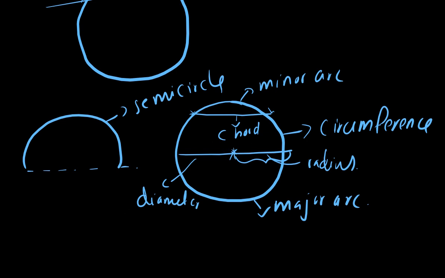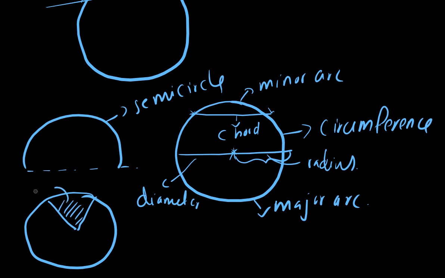Draw it in another circle. So what is sector? Sector is a portion of the circle connecting two radii and one arc. So the smaller portion is minor sector and larger portion is major sector.